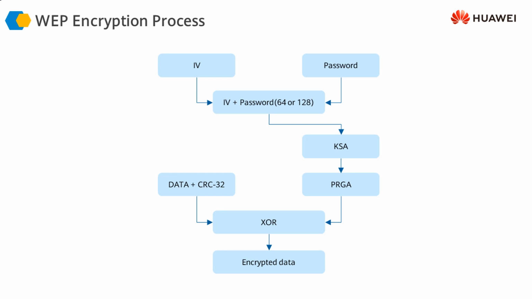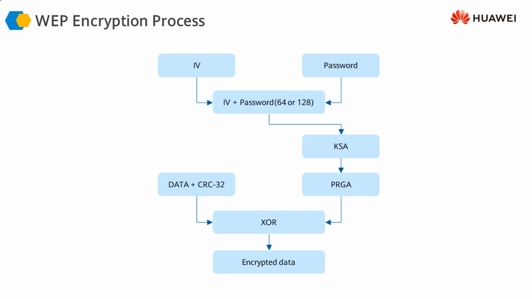So from this KSA we generate the pseudo random generation algorithm, or PRGA. These algorithms are internal to WEP, and then this PRGA and your actual data with CRC check, cyclic redundancy check, these two entities are passed through an XOR operation, or exclusive OR operation.